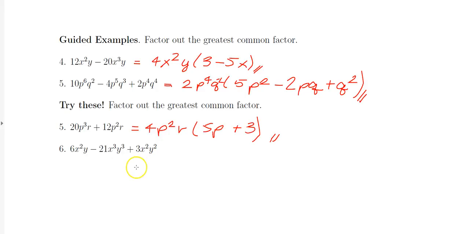And then in the second example, we have 3x squared y as a common factor, and that's multiplied by 2 to get the 6x squared y, minus 7xy squared to get the negative 21x cubed y cubed, plus y to get the 3x squared y squared.